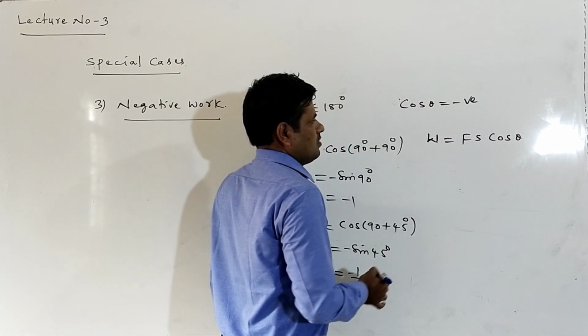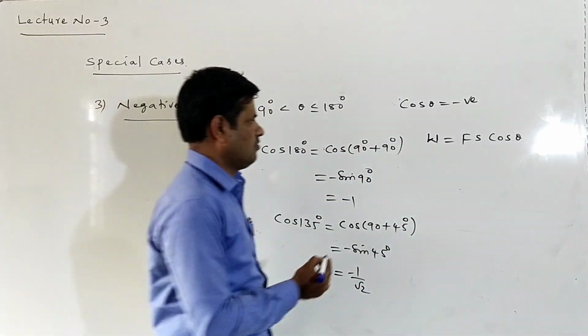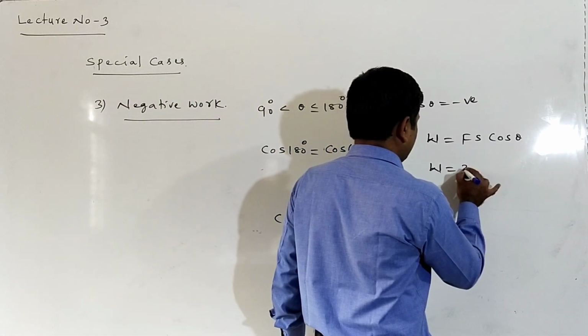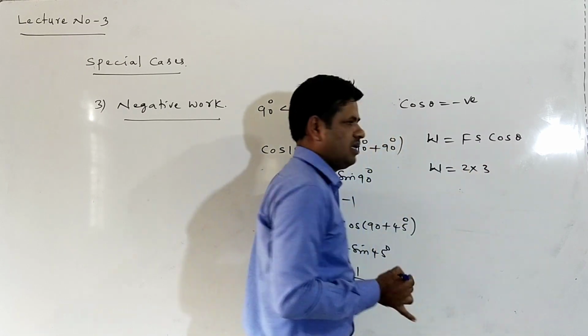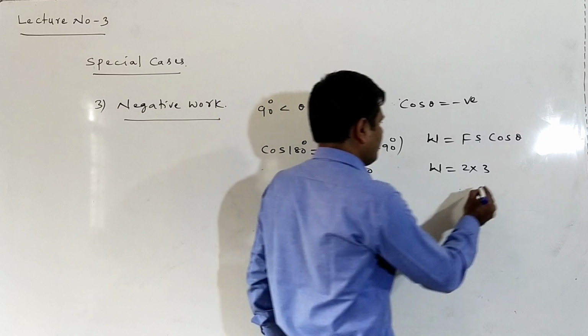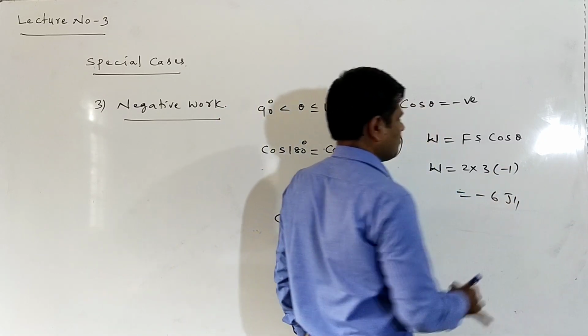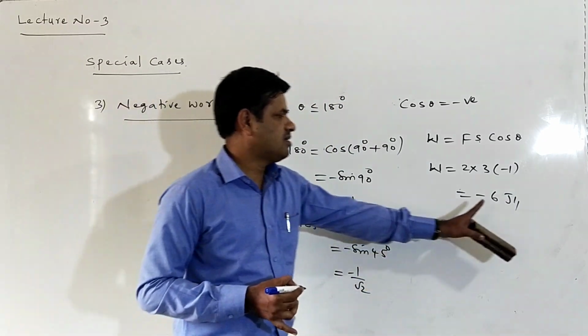F is the magnitude of the force, so it is always positive. For example, we take F value 2 and S value positive 3. Cos theta we can take as any one, minus 1 or minus 1 by 2. I am taking minus 1. Now we get minus 6 joules, which means the work done is negative.